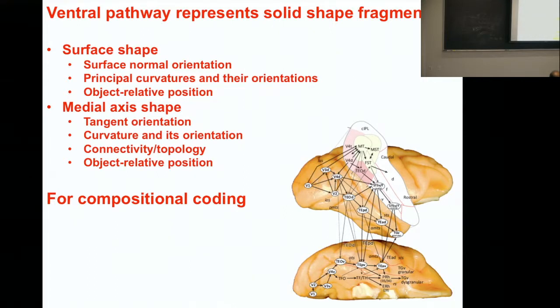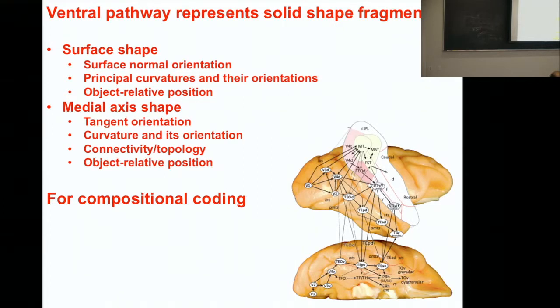In a way, this is a false distinction, because medial axis is an abstraction from surface shape. Luckily, we had Jacob's talk yesterday, so you already know a lot about what is meant by medial axis.